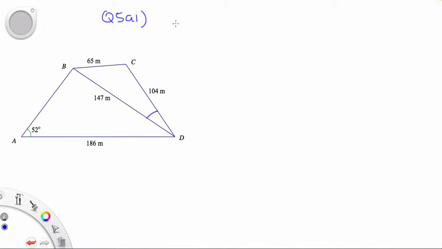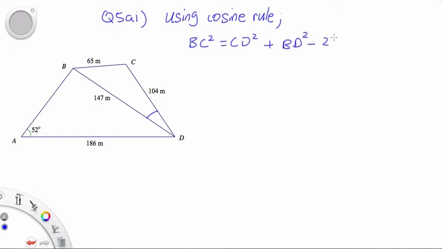For this case, you can use the cosine rule to solve the question. Substitute in the values that have been given from the question.